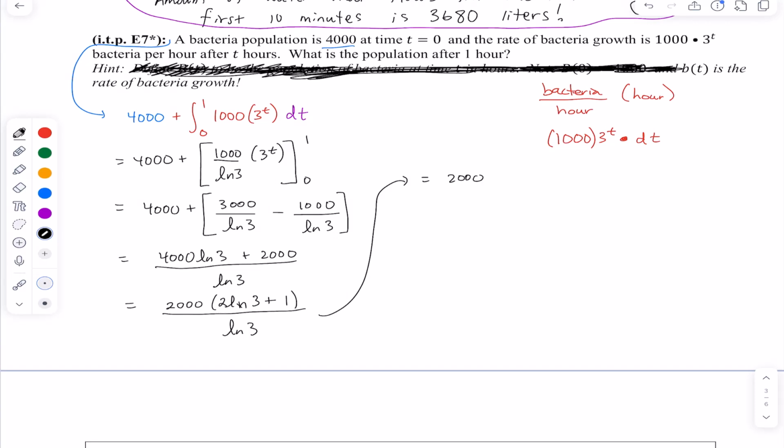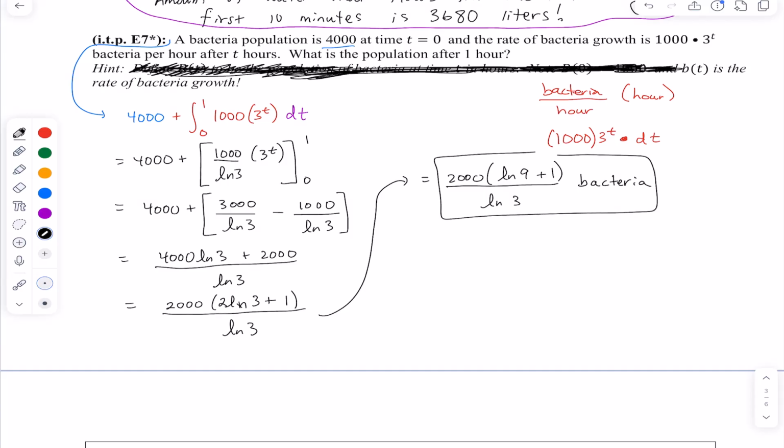Make sure you know your log properties. We have the ln of 9 plus 1 all over the ln of 3. And that is measured in bacteria. Make sure you could approximate this on a scientific calculator.